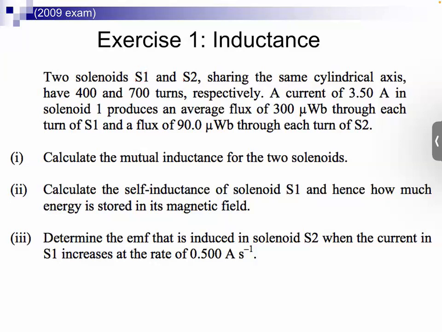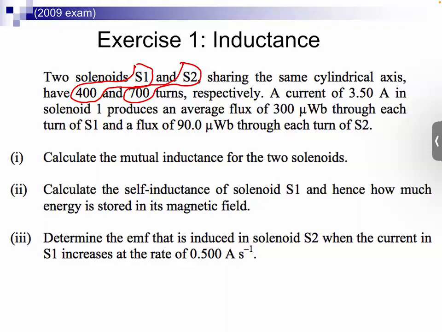They share the same cylindrical axis, meaning one solenoid is smaller and the second solenoid wraps around it. S1 has 400 turns and S2 has 700 turns.